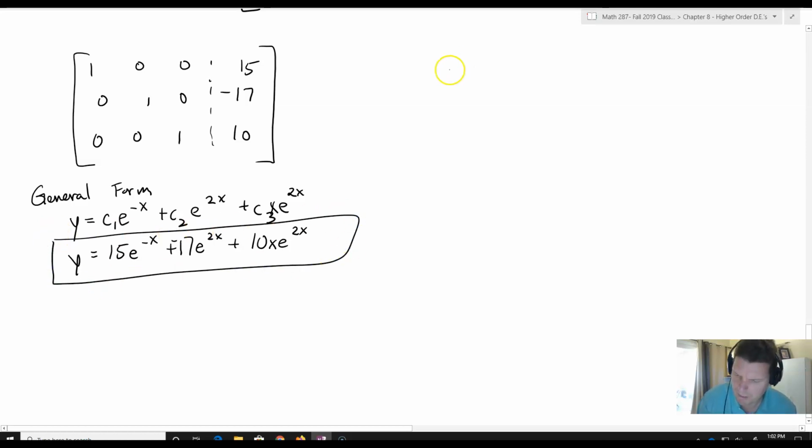All right? So if we want to think about this from a standpoint of what we need to do: first, we solve for the general solution using the characteristic polynomial, the auxiliary polynomial.